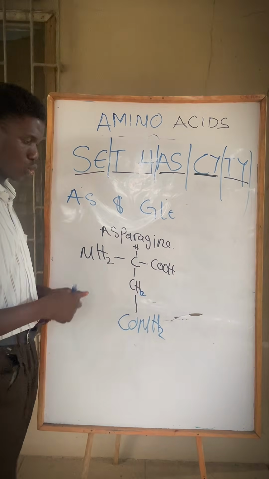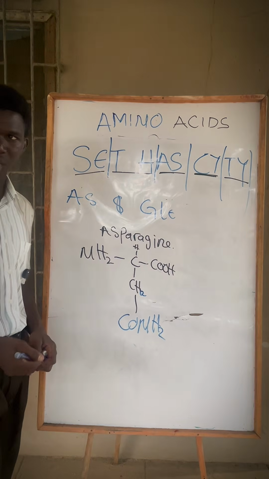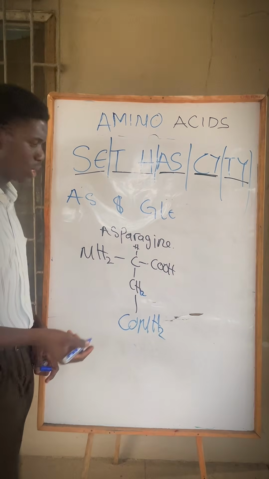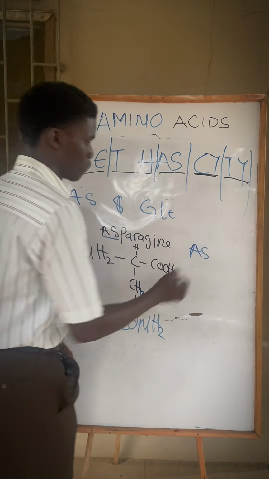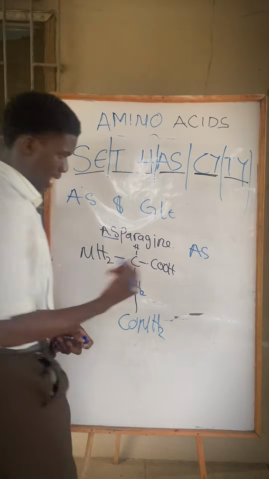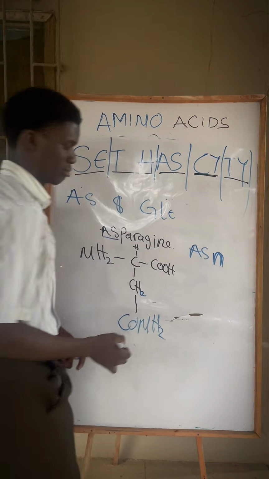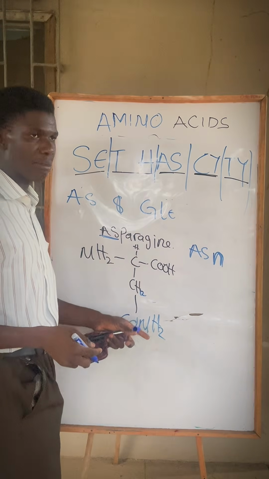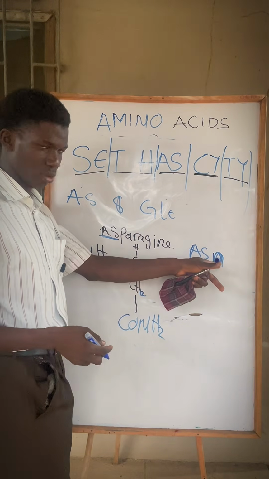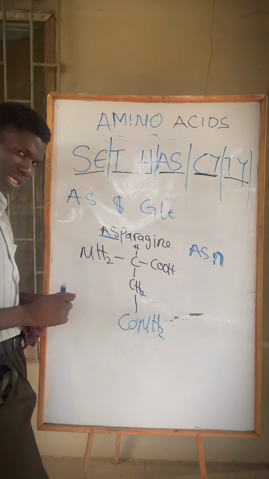So that would be CH2. This is asparagine. And the shortcut for it is just AS, the three-letter code rather. And you know why we say it is ASN? Because just pick AS from them, and because they are amide, they have amino, you can just write the N, which is for amino. ASN. Okay, do you understand their structure?